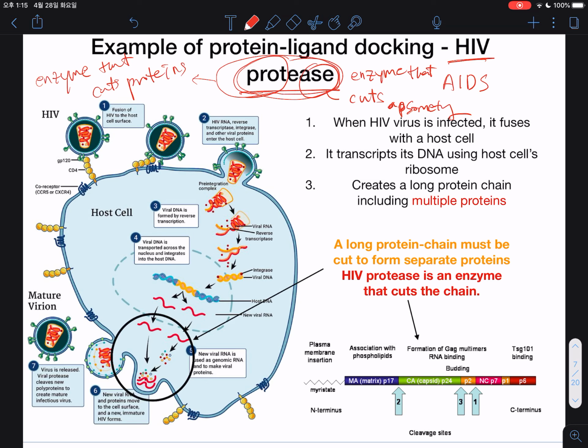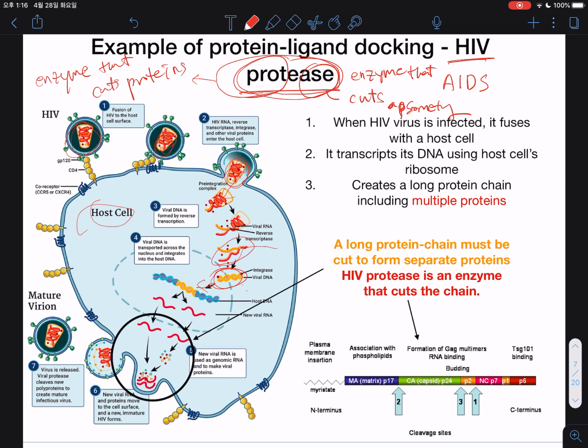So if you take a look at the life cycle of an HIV virus, the HIV virus is fused with the host cell, and the RNA of HIV is inserted into the host cell and released. That is bound with reverse transcriptase and transcribed to DNA, and the viral DNA is inserted into the host DNA.